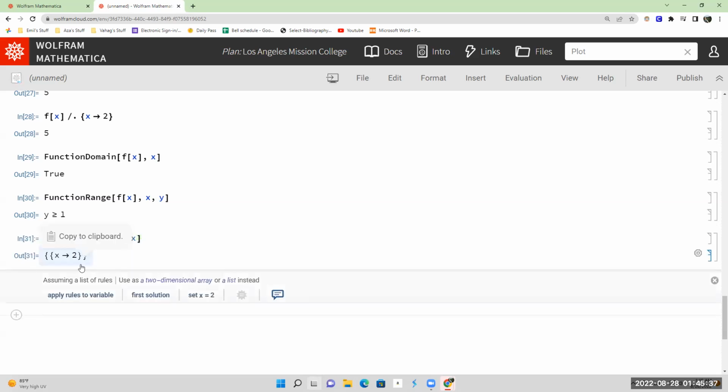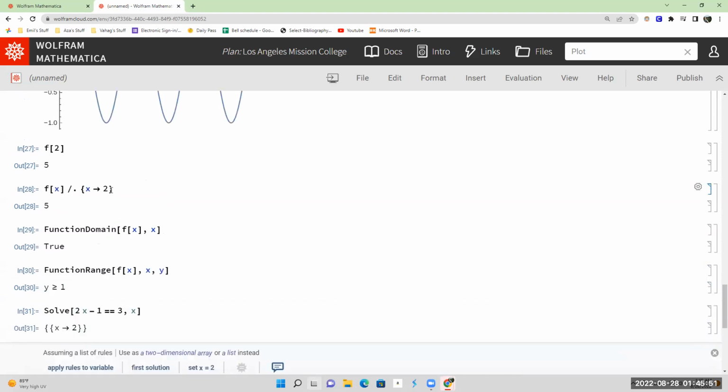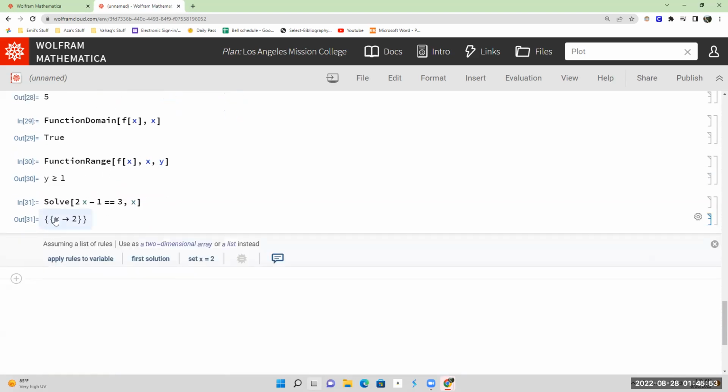And the solution shows up in what is known as a list. Notice that instead of saying x equals 2, it says x is assigned to 2. So this is kind of like the same assignment that you see here. There's a lot to learn about lists, but one of them is that you can access whatever is in the list by using brackets.